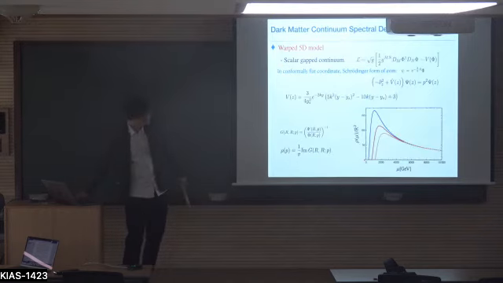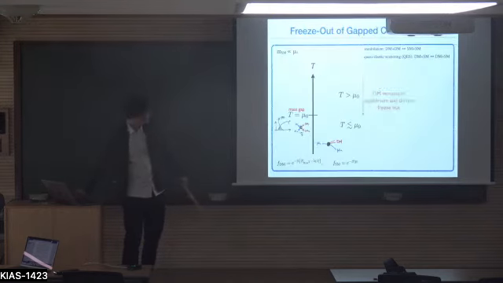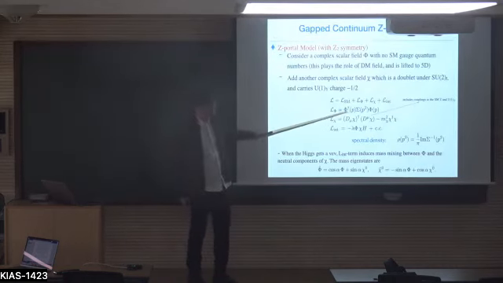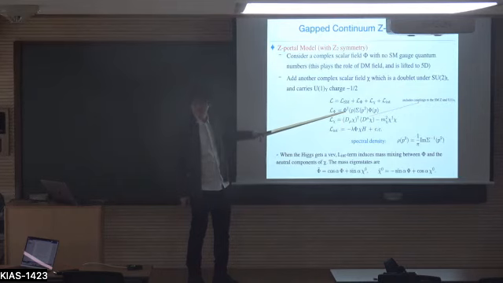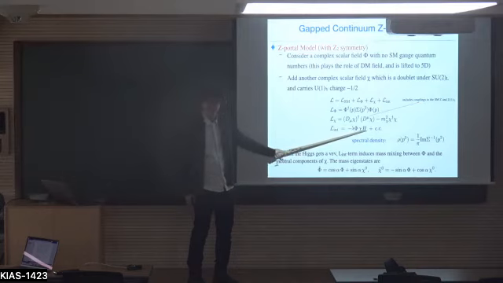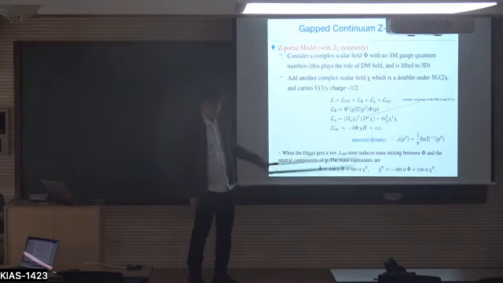When you say mixing, between what? This phi is a singlet, a standard model singlet, dark matter. And the way we couple to it is with the coupling with the chi and H. If the Higgs gets a vev, these will mix with each other. The continuum can mix with the particle.